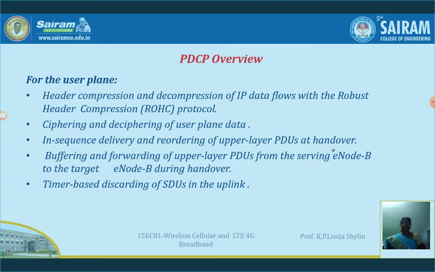The delivery and reordering of upper layer PDUs happens at handover. Also, buffering of data as well as forwarding of upper layer data will be done from the serving eNodeB to the target eNodeB during handover. So handover plays a vital role here. That is in the user plane.